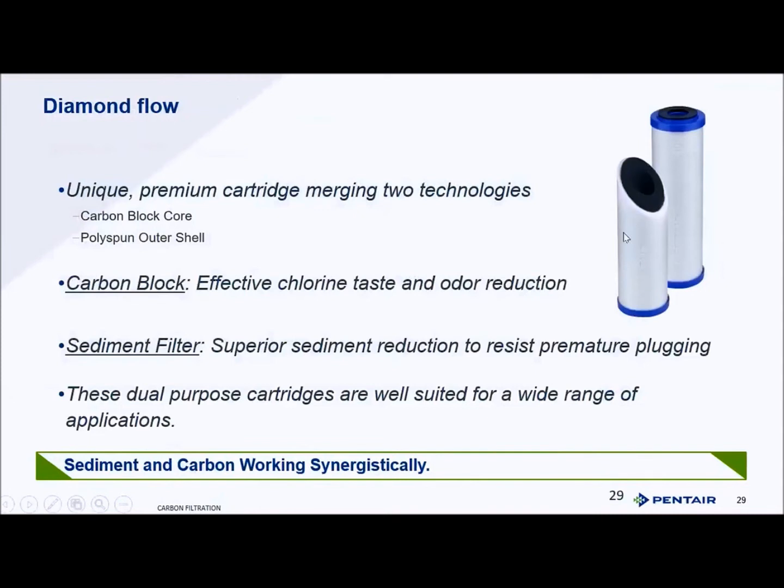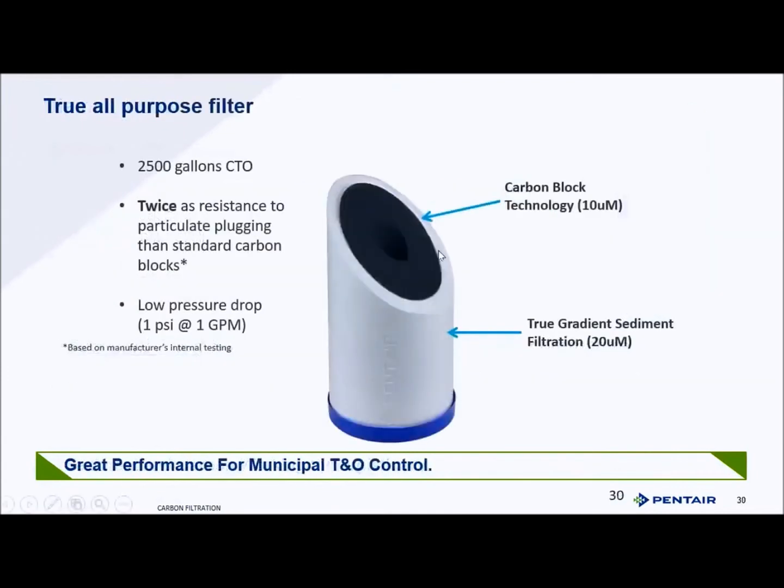This is just a little more value for the dollar instead of having two housings on the wall. For one, I am a big fan of putting as much carbon in a block as possible and having a separate pre-filter. Why? If I'm going to manage dirt, I want to do it with a cheap pre-filter. That's my feeling on it. But here they work synergistically to provide you great water flow and balance.